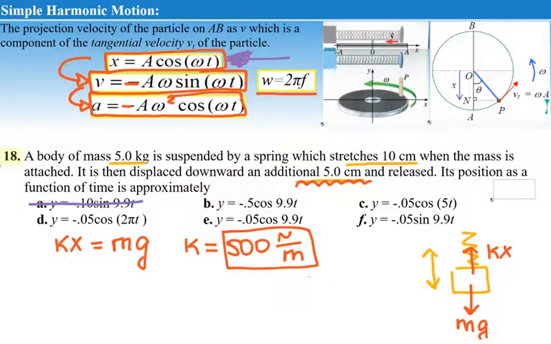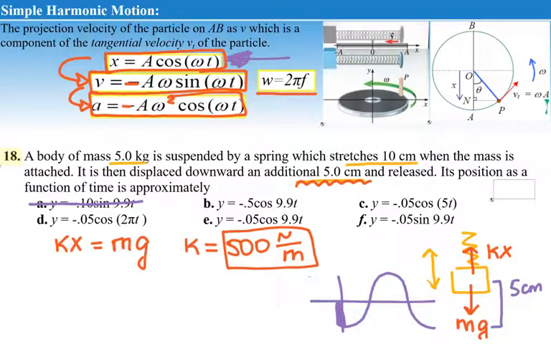And because in this case they stretch an additional 5 centimeters down, then your amplitude is -5 at the moment 0. So at the 0 moment, your amplitude is 5, and then it's going to bounce up and down. But because it's maximum displacement, it's going to be a negative cosine.